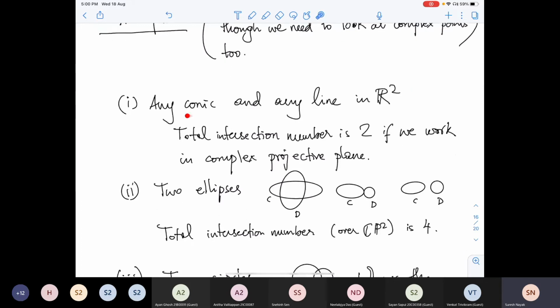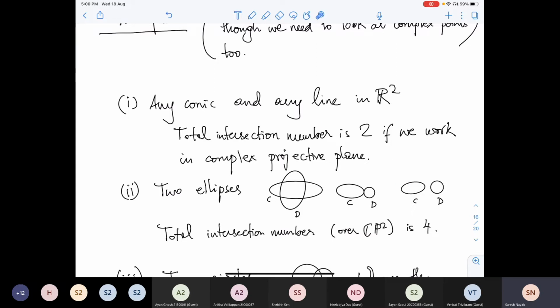Okay, so let's start with the situation we have already done so far, which is a parabola and a line. But in fact, instead of a parabola, you can use any conic. So you can use a circle, ellipse, hyperbola, and a line, and you will see a similar situation. Either the line cuts it in 2 points, or if the line is tangential, it will cut it in exactly 1 point. Or in some situations, the line doesn't seem to cut it at all. In that case, there is a complex solution. For example, if I have an ellipse and a line far away from it, the points of intersection are in the complex plane.